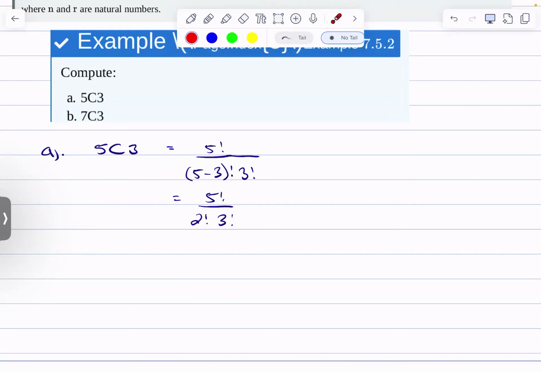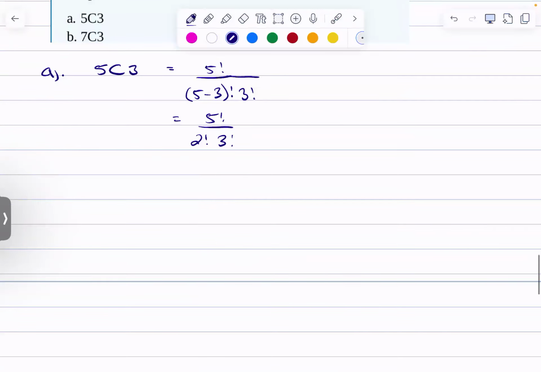Okay. Like that: 5 times 4 times 3 factorial. All right, that's my biggest factorial. And then I'm left with 2 factorial, 3 factorial. I went to 3 factorial because it cancels.